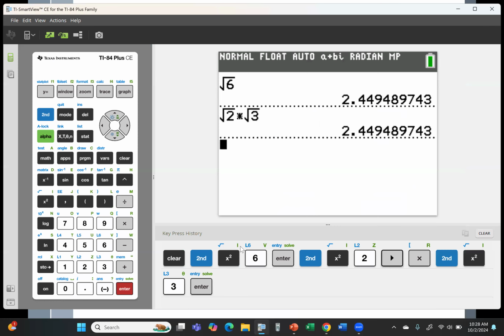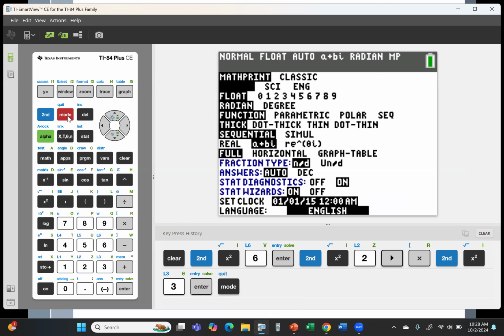All right, so on your calculator, right next to your second button, just to the right of it, is your mode button. And if I go to the mode and arrow down right here, do you see where my mouse is moving back and forth?